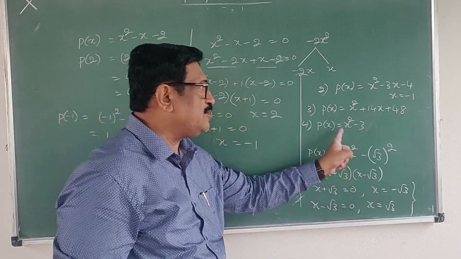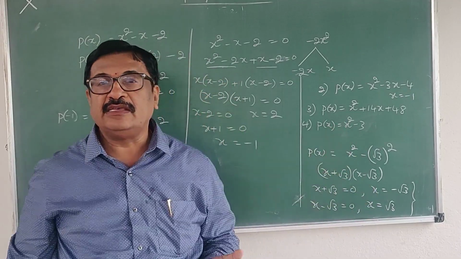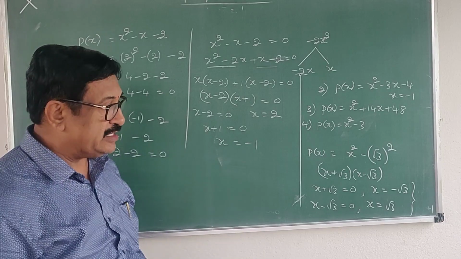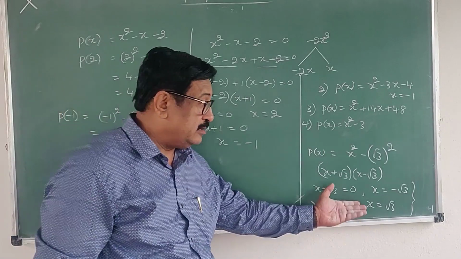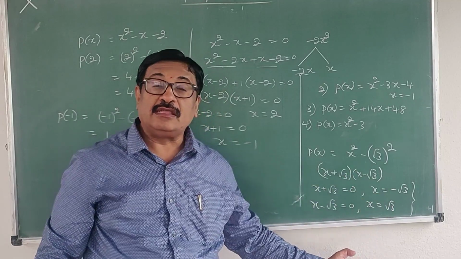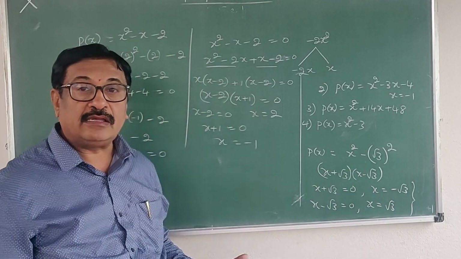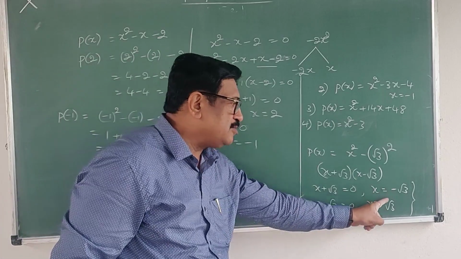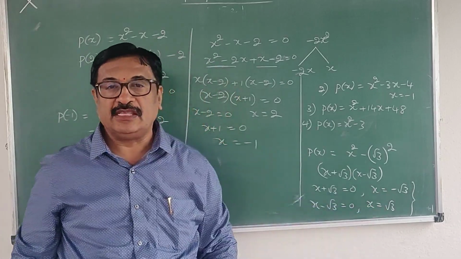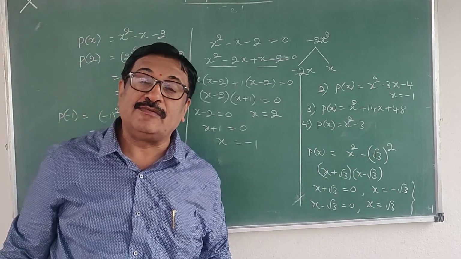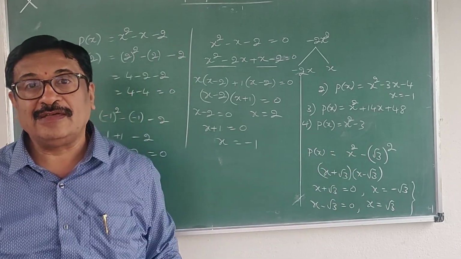Again substitute plus root 3 in place of x, see whether you get 0. You have to get 0 in both cases, because that forms a solution if it were a quadratic equation. Now minus root 3 and plus root 3 become the zeros of this particular polynomial, if you get the result 0 when you substitute for the variable.